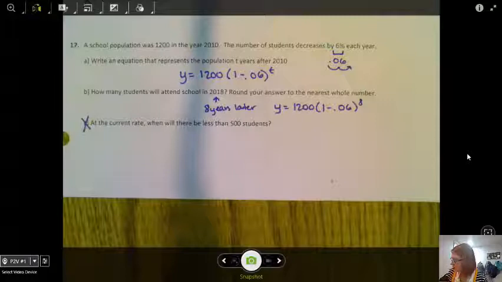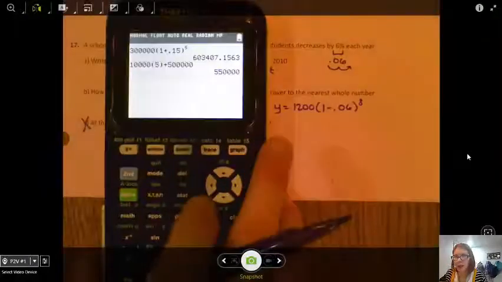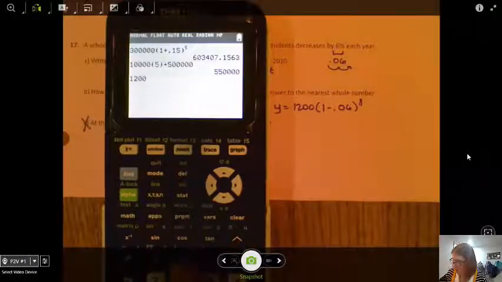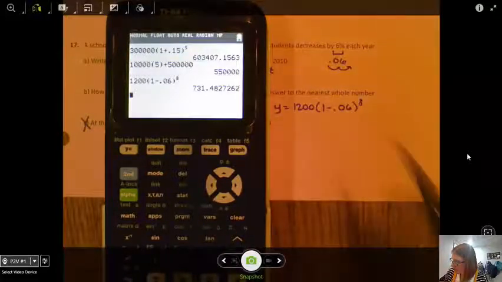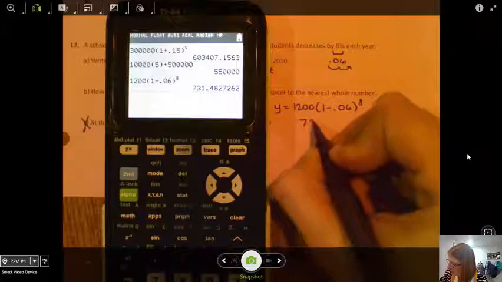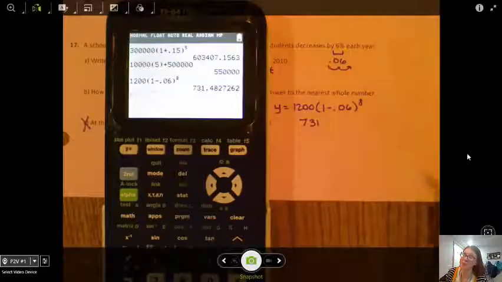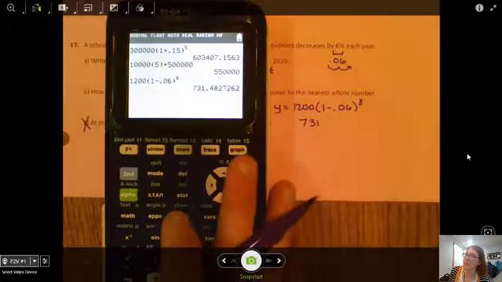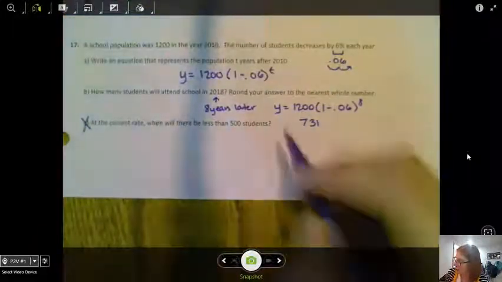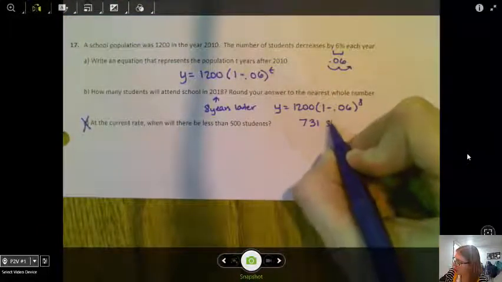We're going to type that in. 1 minus 0.06 to the 8th power. And there's 731.48 students. Well, round to the nearest whole number, we have 731 students.